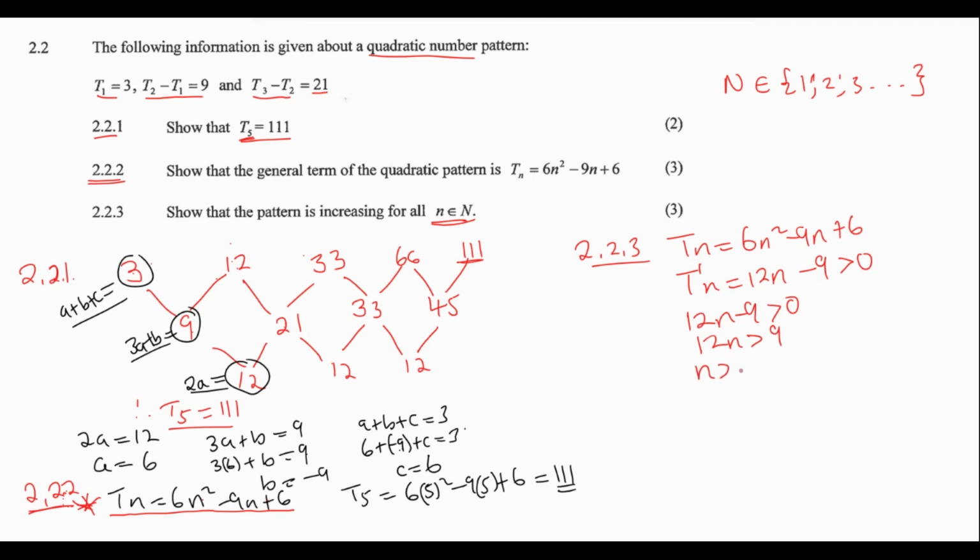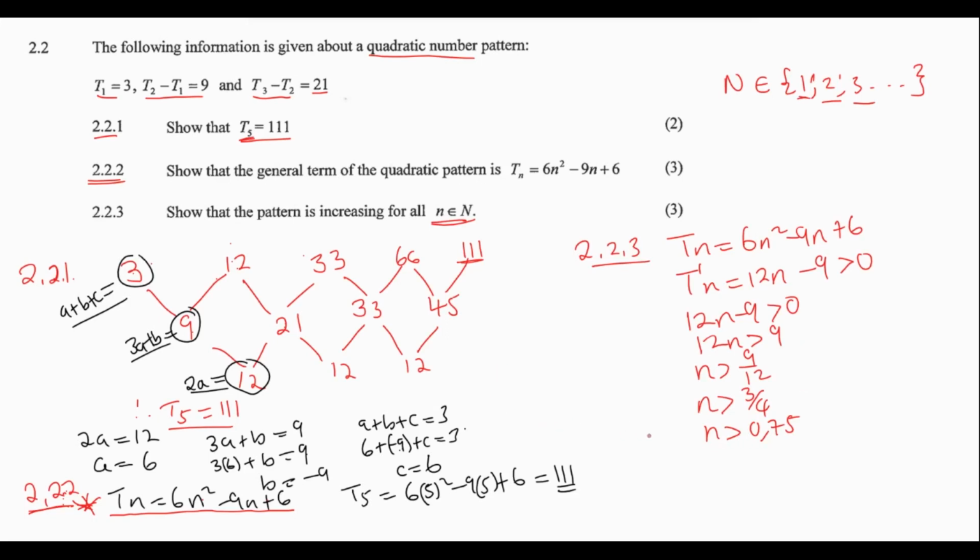Then n is greater than 9 over 12, meaning that n is greater than 3 over 4. Right, n is greater than what? 0.75. And remember, n can only be a natural number. So it means n will be from 1 onwards.